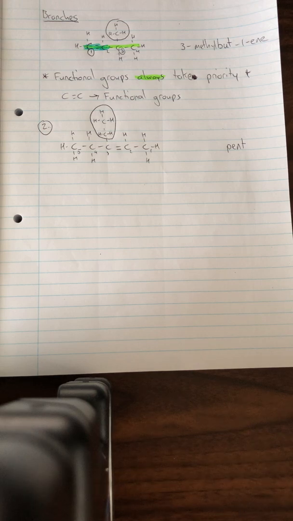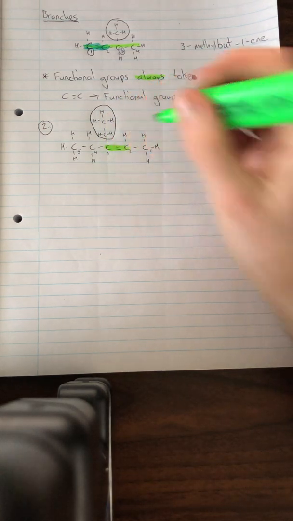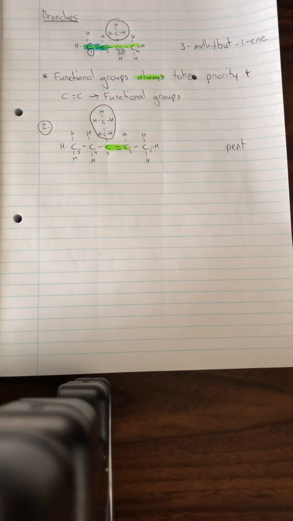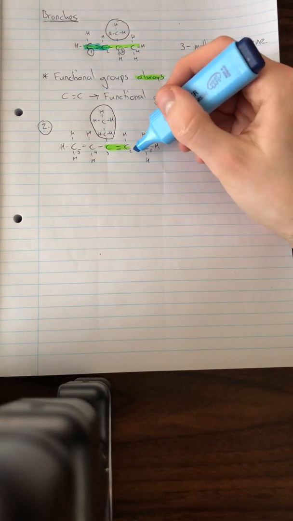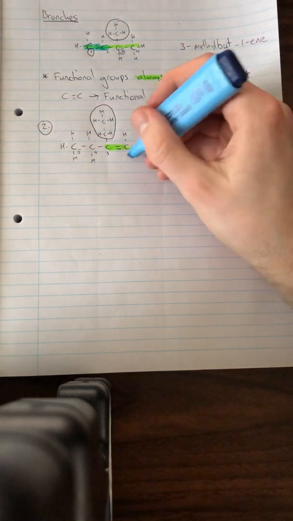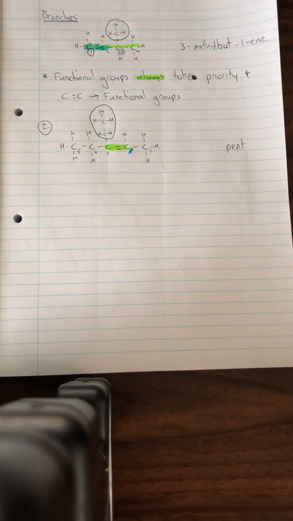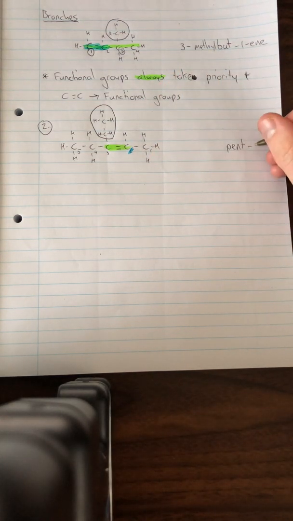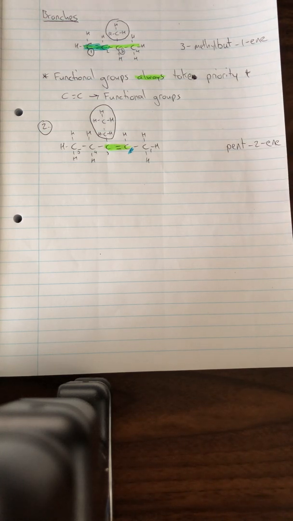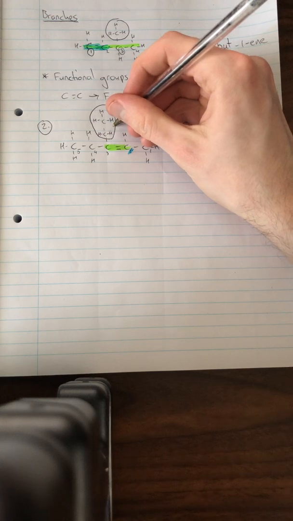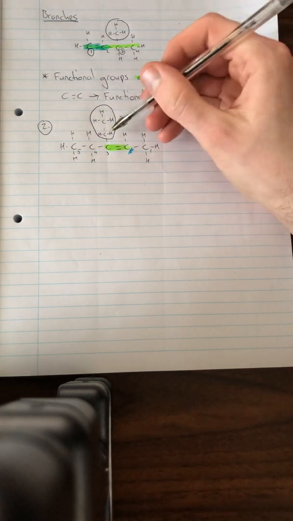Because it's 5, it must be pent. Now, if we focus on the carbon-to-carbon double bond, it's between carbons 2 and 3. What number do we focus on? We focus on 2. Why? Because it's lower. So this long chain is pent-2-ene. Now, this branch, how many carbons does it have?